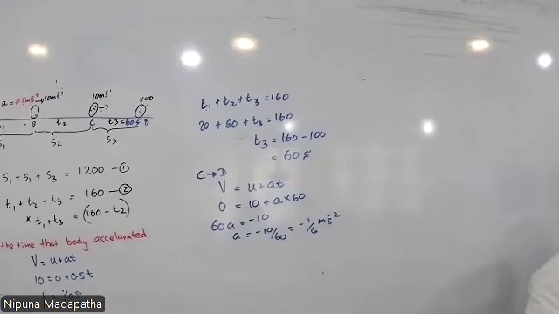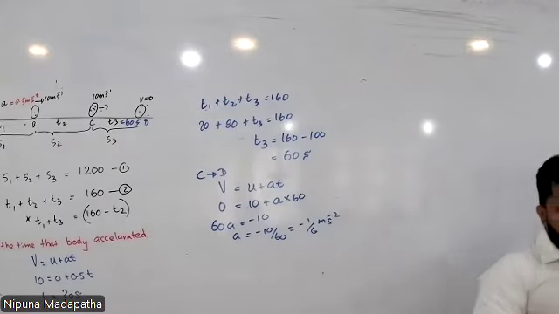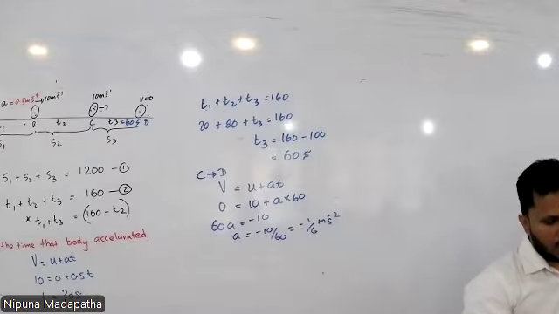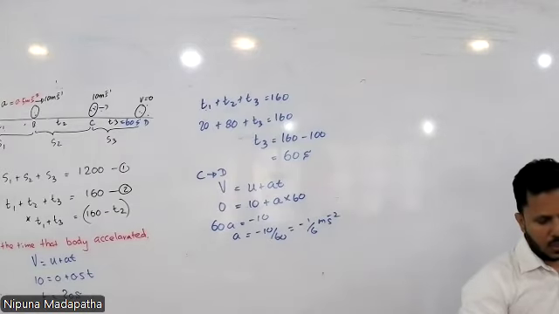So deceleration like 1.5. 10 seconds. What is the acceleration of the body? And the acceleration is it 6? No, but it should be 24. Fourth one.